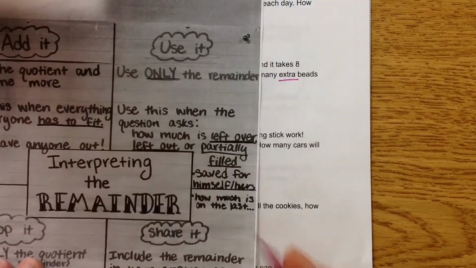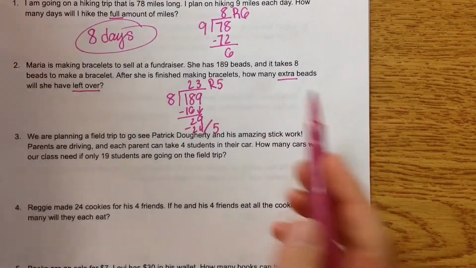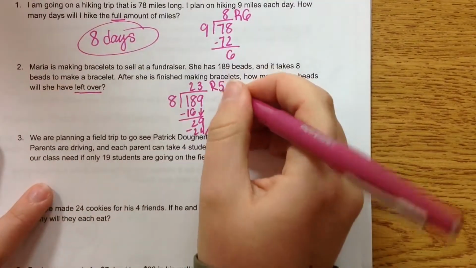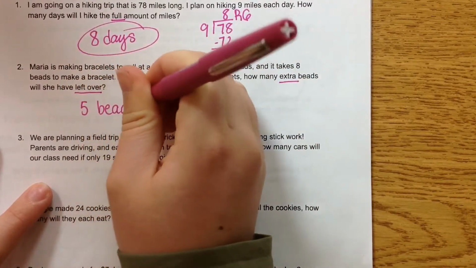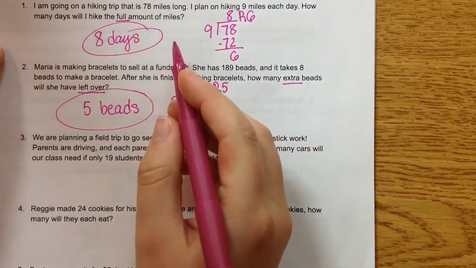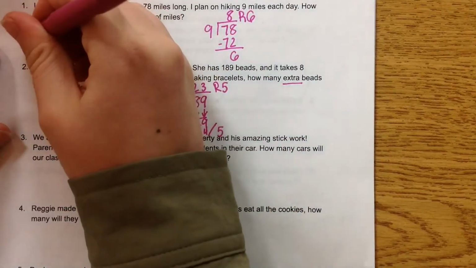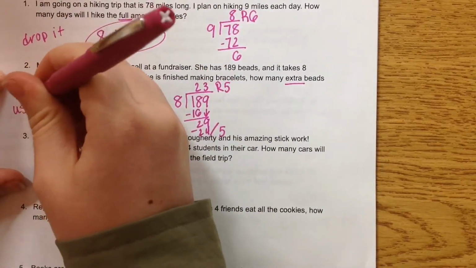Alright, and if it's a use it problem, we need to use only the remainder. So how many extra beads does she have left over? Here's our remainder 5. 5 beads. So this one was a drop it. This one was a use it.